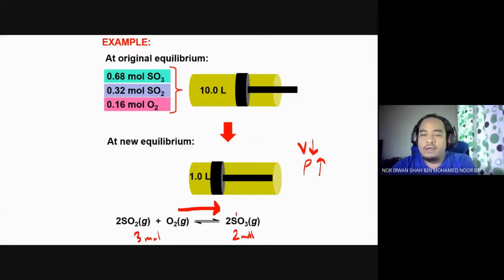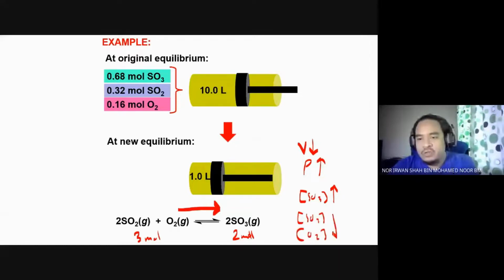The system will undergo a net reaction by shifting to the right until Qc equals Kc. At the new equilibrium, we expect the concentration of SO3 to increase, and both SO2 and oxygen to decrease their concentrations.